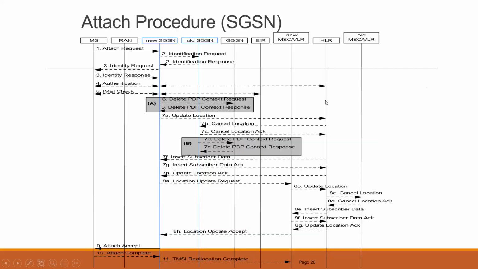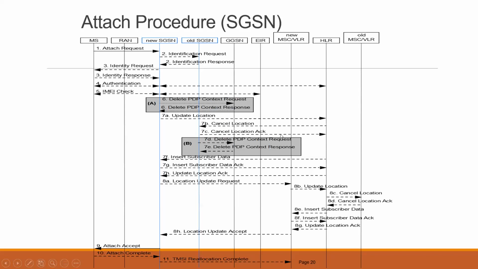So steps 1 to 4 are basically the same: attach request, identification request, and your authentication. Then you have the IMEI check. And in case an old PDP session was created with your old SGSN, it will ask for delete PDP context.